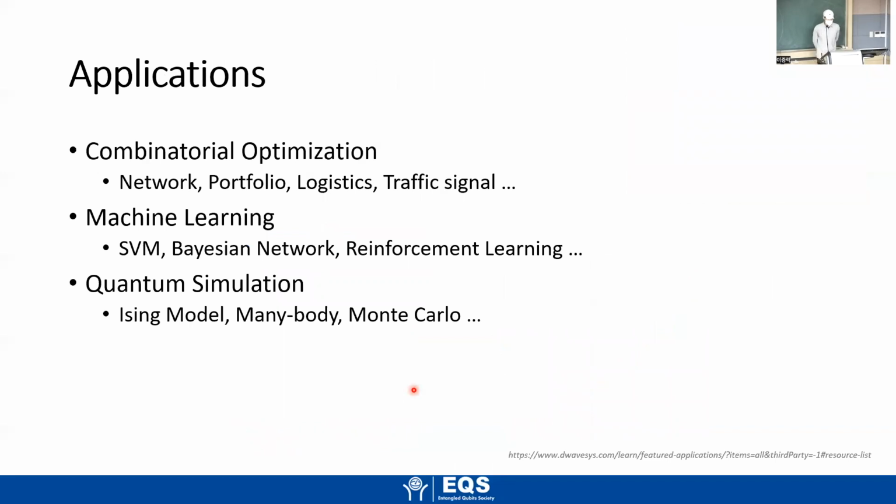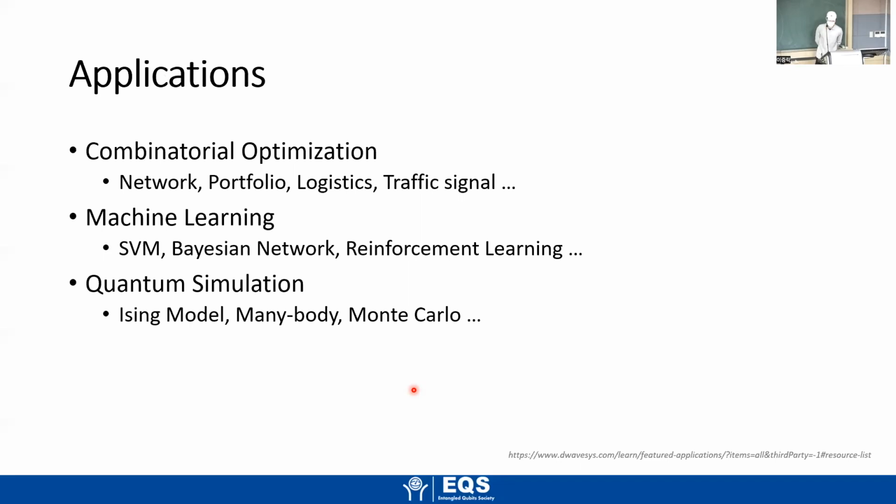So where can you use this quantum annealer? There are many applications. For example, there is combinatorial optimization, which can be network optimization, portfolio, logistics, traffic signals, and so on. You can also use the quantum annealer with machine learning.